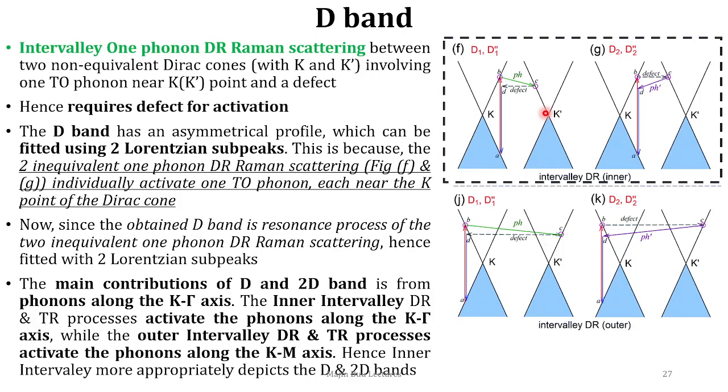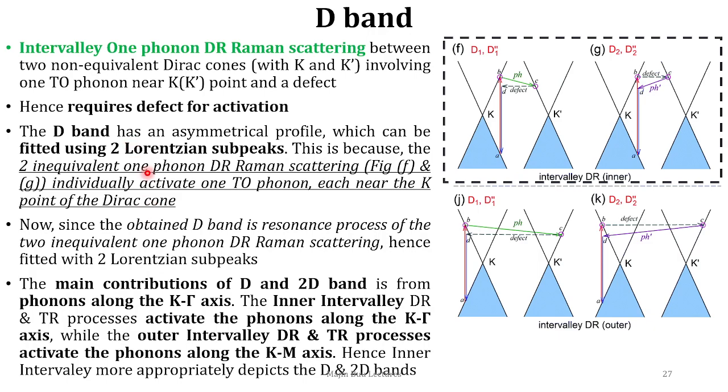On the other hand, the D band is also referred to as the intervalley one phonon double resonance Raman scattering, wherein you have the electron that gets excited from the valence band to the conduction band, followed by interaction with a phonon or a defect, and the subsequent recombination of the hole with the excited electron, to result in this D band.